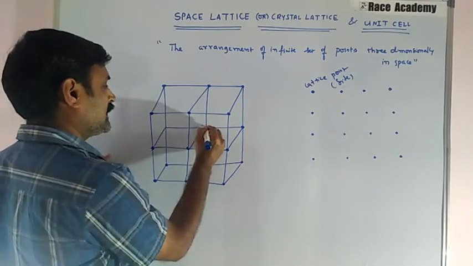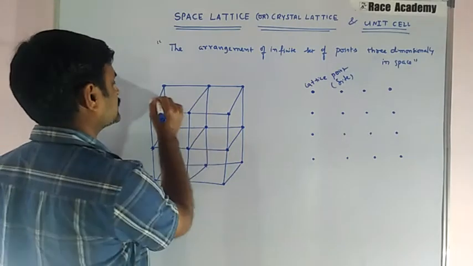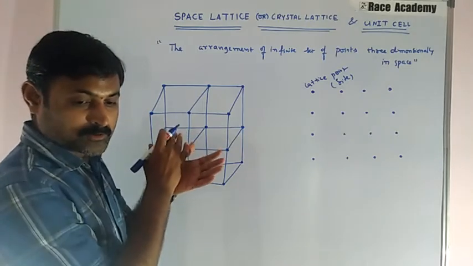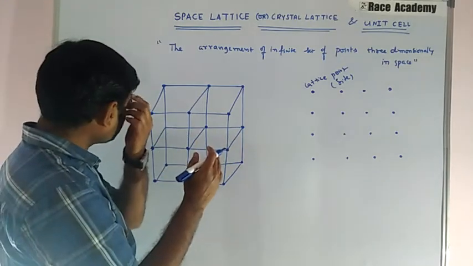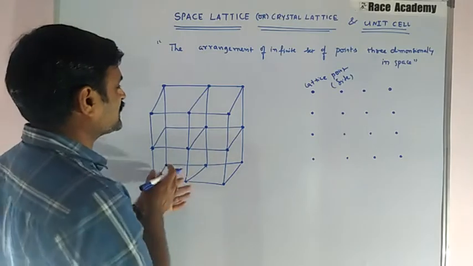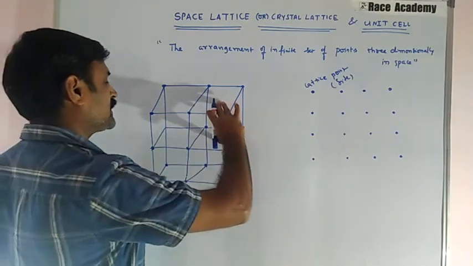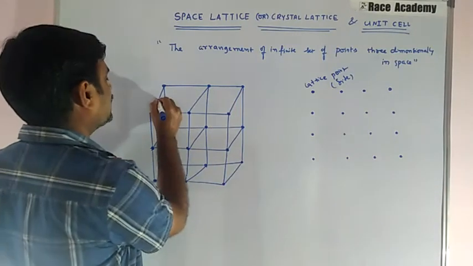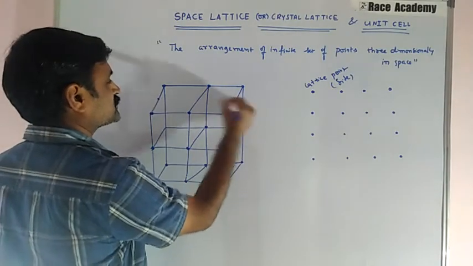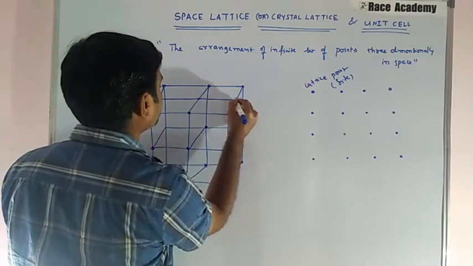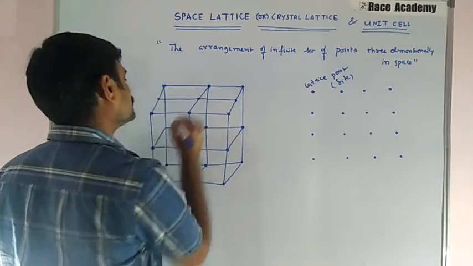Now you are going to write some cubes also. Here you can observe a cube, here one cube, here one cube. So if you write some points here also and join them, you will get a much more complicated one.